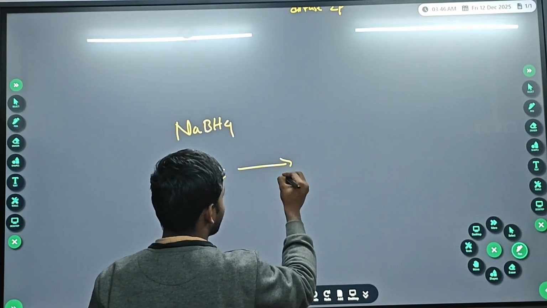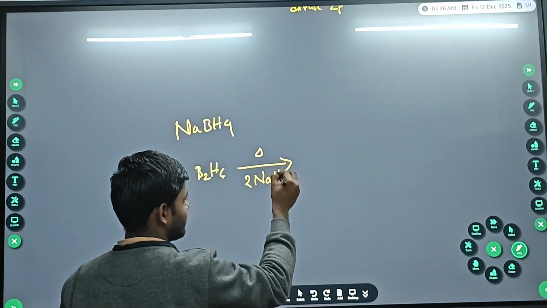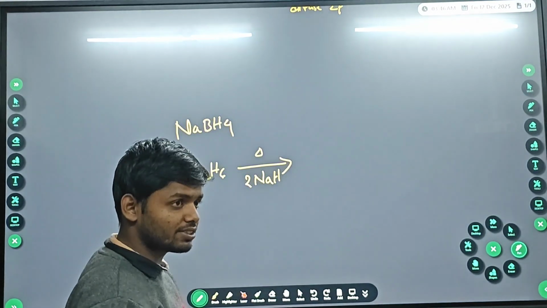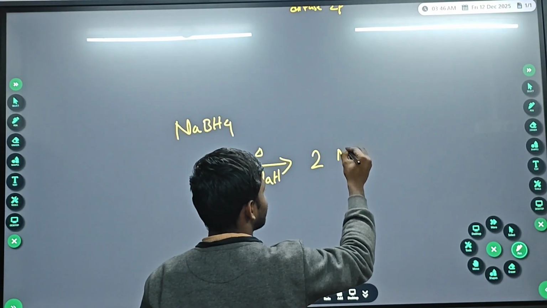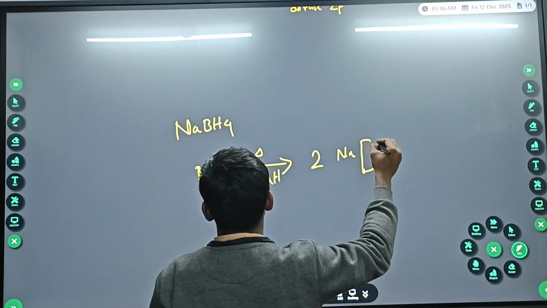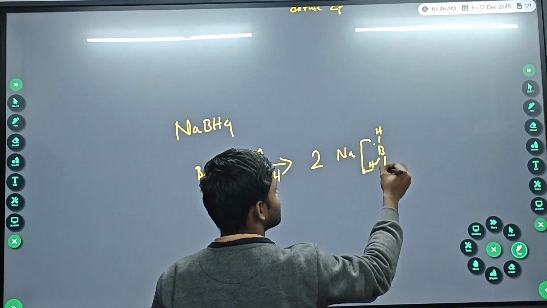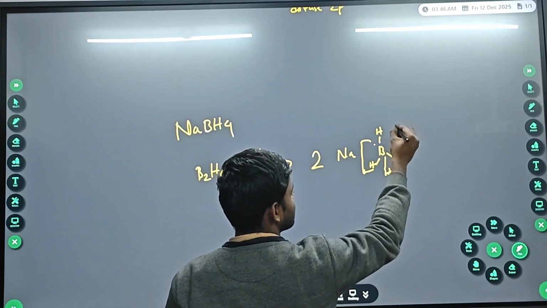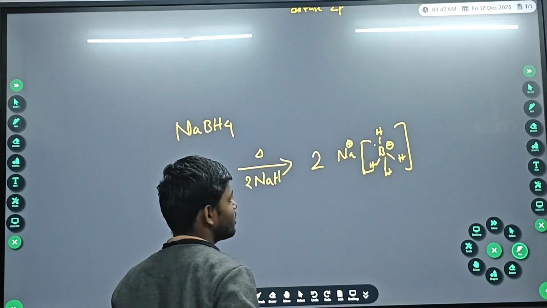When you heat the diborane with, let's say, sodium hydride, which is why I talked about sodium hydride previously, it produces 2 NaBH4, with a negative charge and a positive charge.